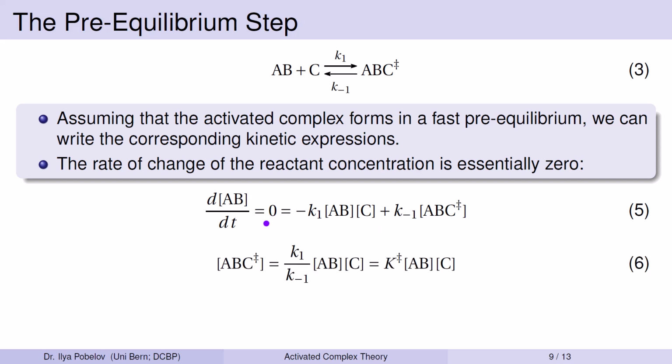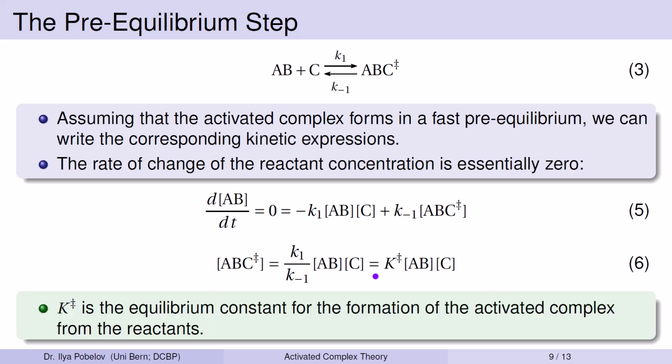Rearranging this equation gives us an expression for the concentration of the activated complex. Here, capital K double dagger is the equilibrium constant for the formation of the activated complex from the reactants.